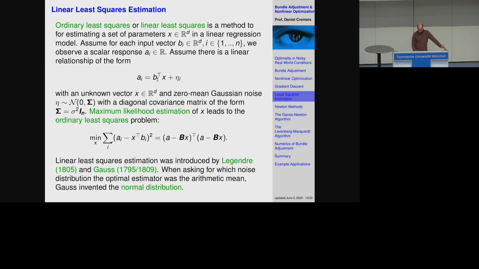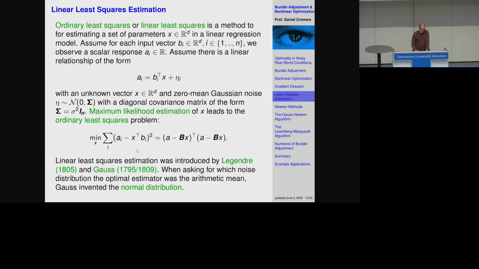Then you have some noise added to it, this eta i, and typically you would assume zero mean Gaussian noise, sampled from a Gaussian distribution with zero mean and some covariance matrix sigma. For simplicity, let's assume this covariance matrix is diagonal, so it's the identity times the variance sigma squared on the diagonal.